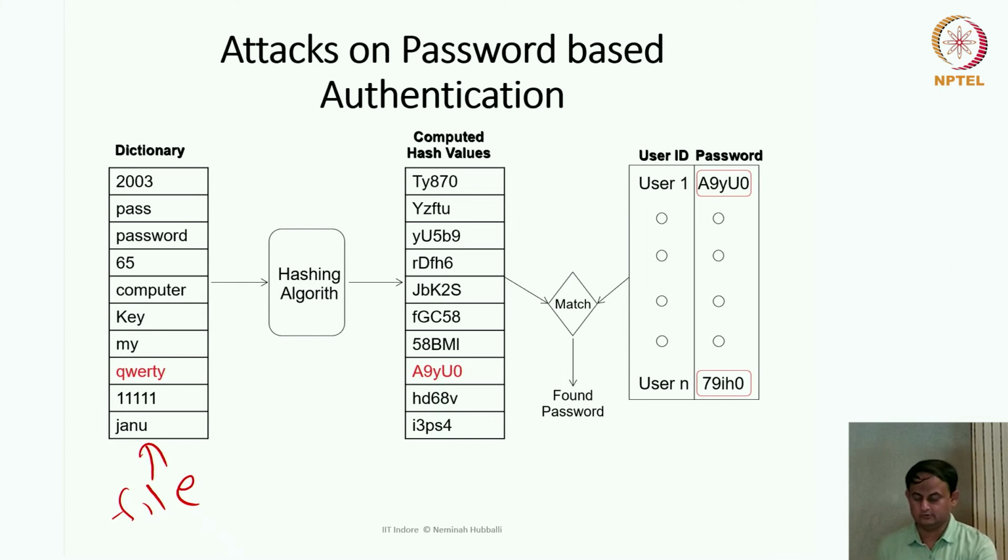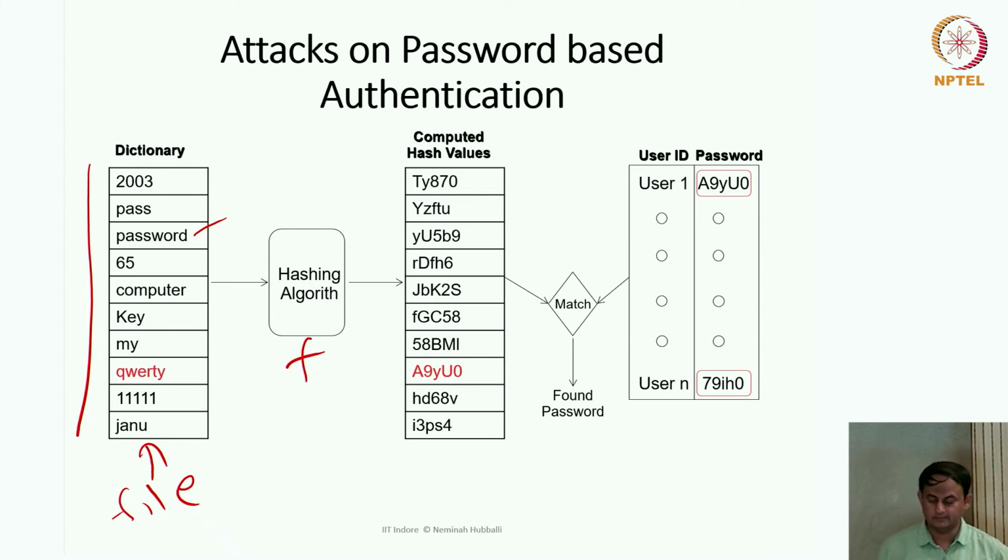So here 2003 is one entry, and the second password is 65. These are all the possible passwords that you think are likely to be used by some users. So you have a hashing algorithm, whatever the choice of the hashing algorithm.